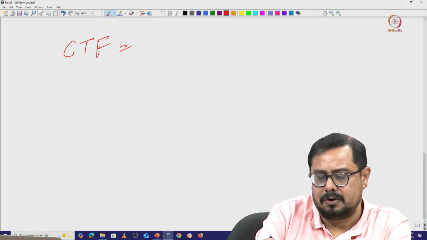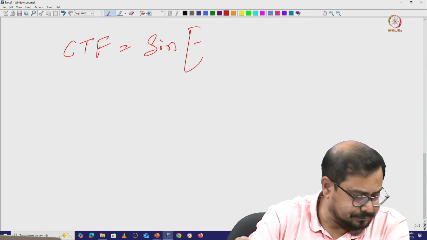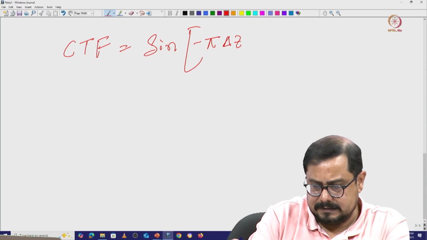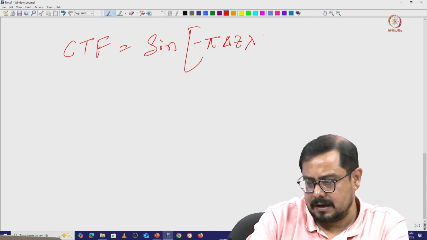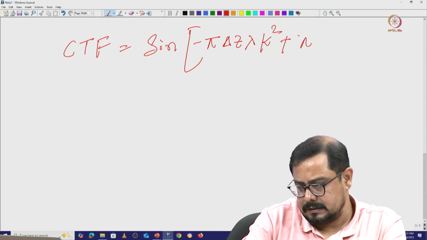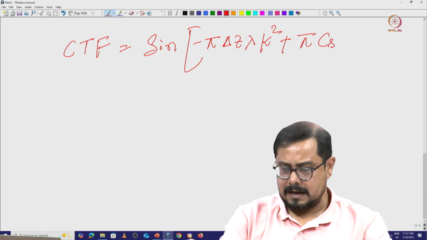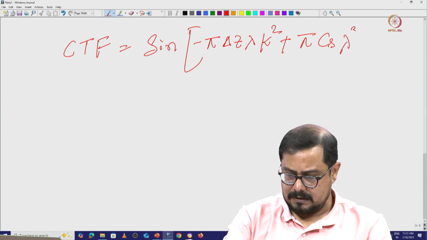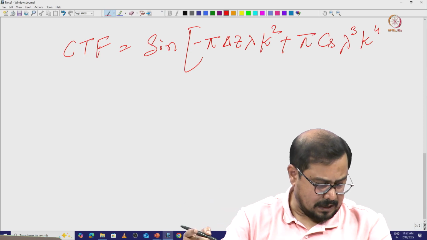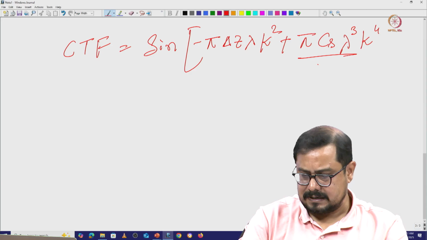CTF, if we want to write it, will be sine of minus pi delta z lambda k squared plus pi Cs lambda cubed k to the power 4, and then half of that, we can just consider that.